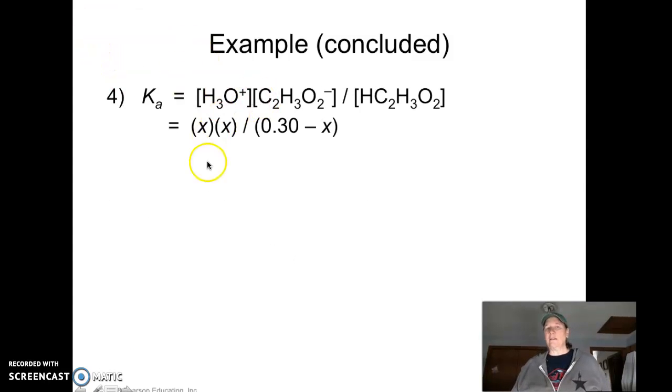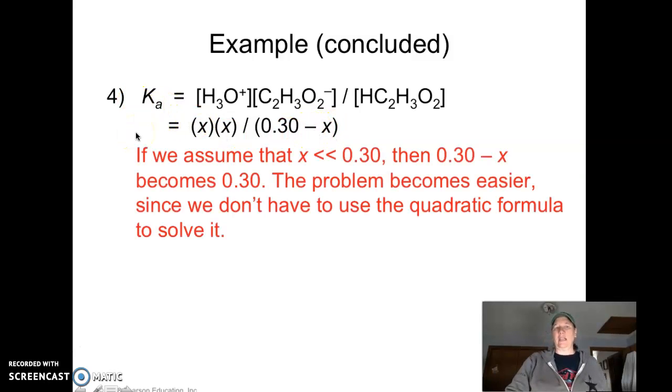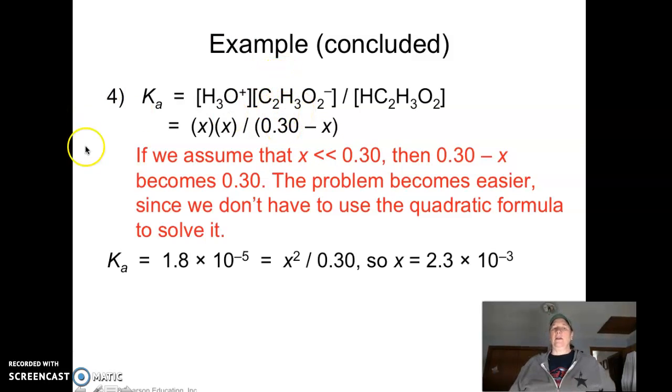So these are both X, so it's basically going to be X squared over 0.3, because again, remember this is an approximation, is going to equal whatever our Ka is. And again, I wrote all that in. We don't want to have to use a quadratic formula to solve it. So we're just going to say this is 0.3, because X is a pretty small number. Okay, so again, our Ka is in a chart. We look it up, 1.8 times 10 to the minus 5 equals X squared over 0.3.